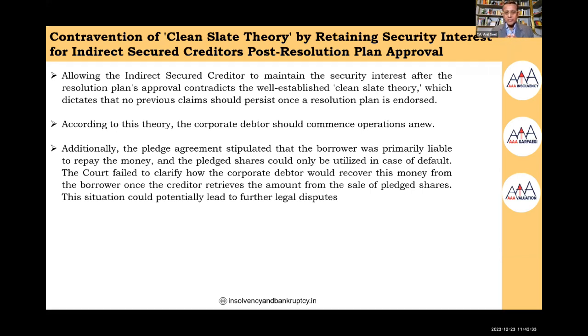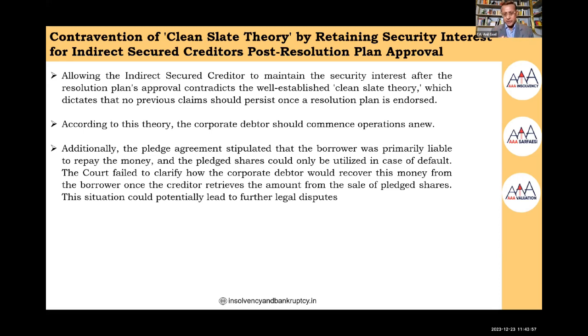Now the question came on the clean slate theory. Suppose MTech Auto has pledged shares, and the shares were encashed by the other lender, and the loan was given to the other entity.